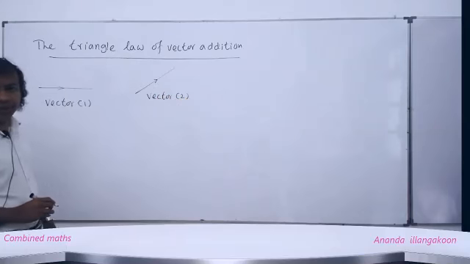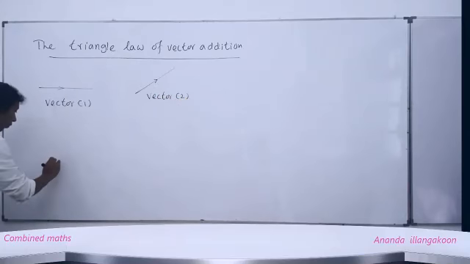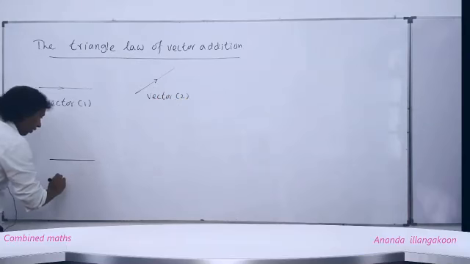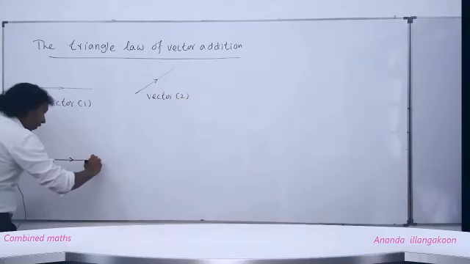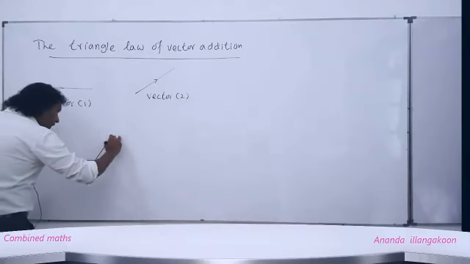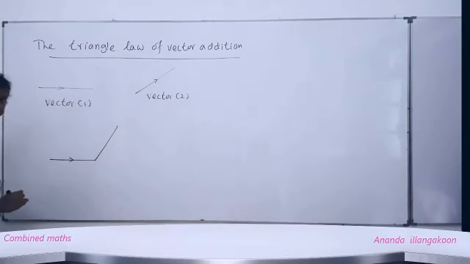If we need to add them up, what we do is represent vector 1 by the side of a triangle, and vector 2 by another side of the same triangle.